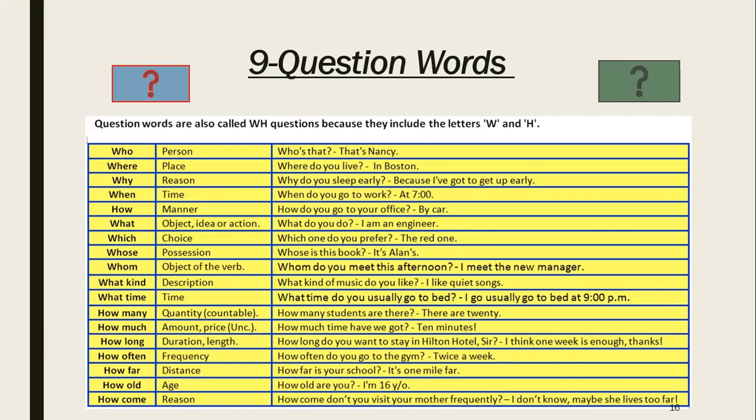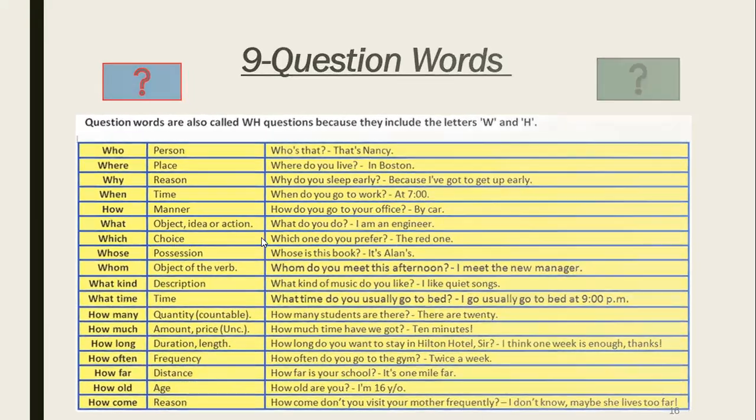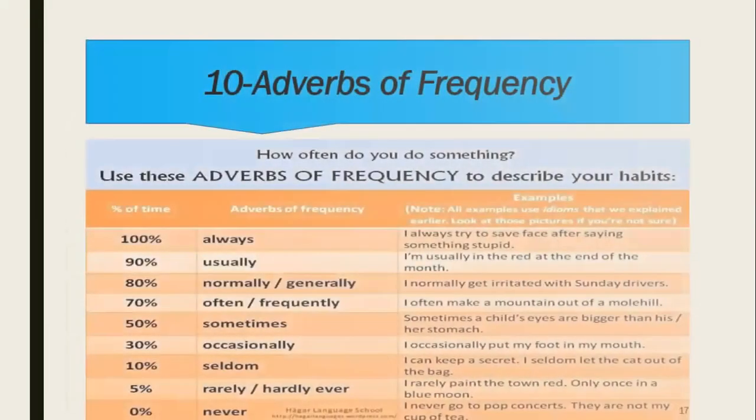Or why did you do this? This is about the reason. So these are the most famous WH words in English, or WH question words in English, to ask about a piece of information within the sentence.